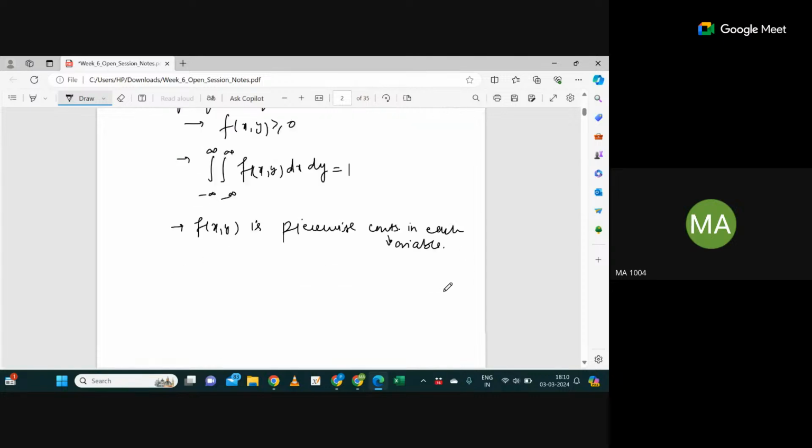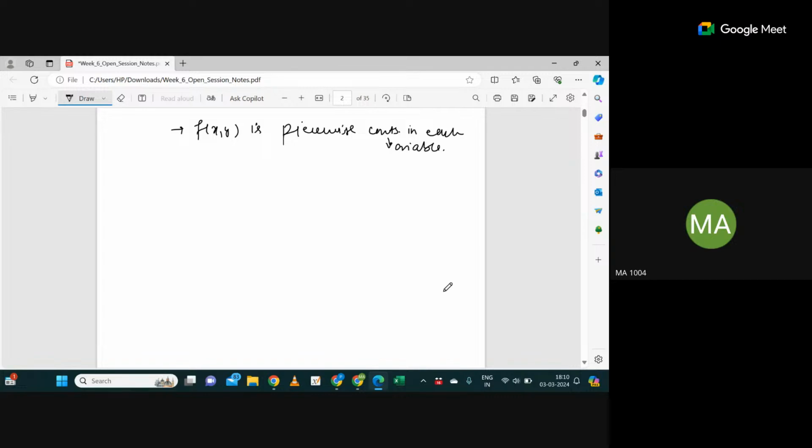How to find the probability of an event?